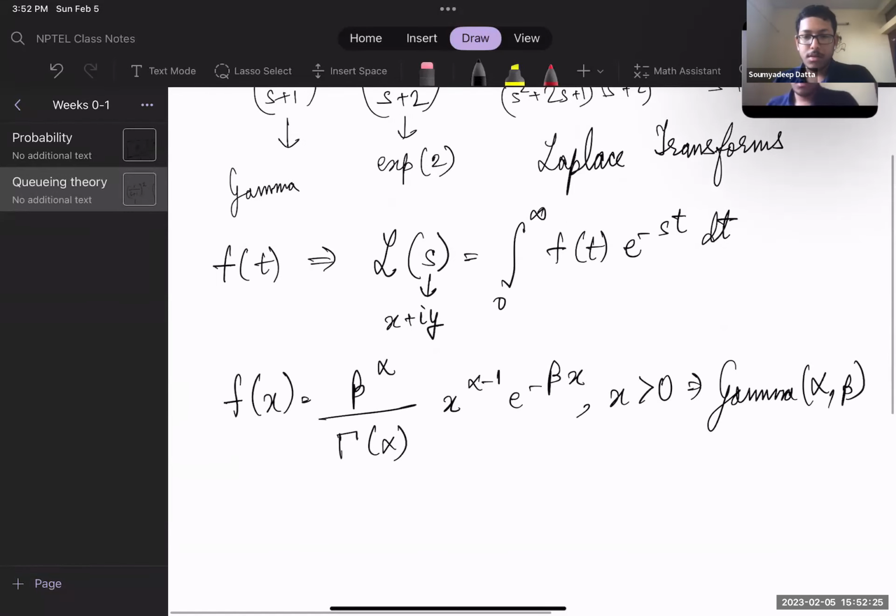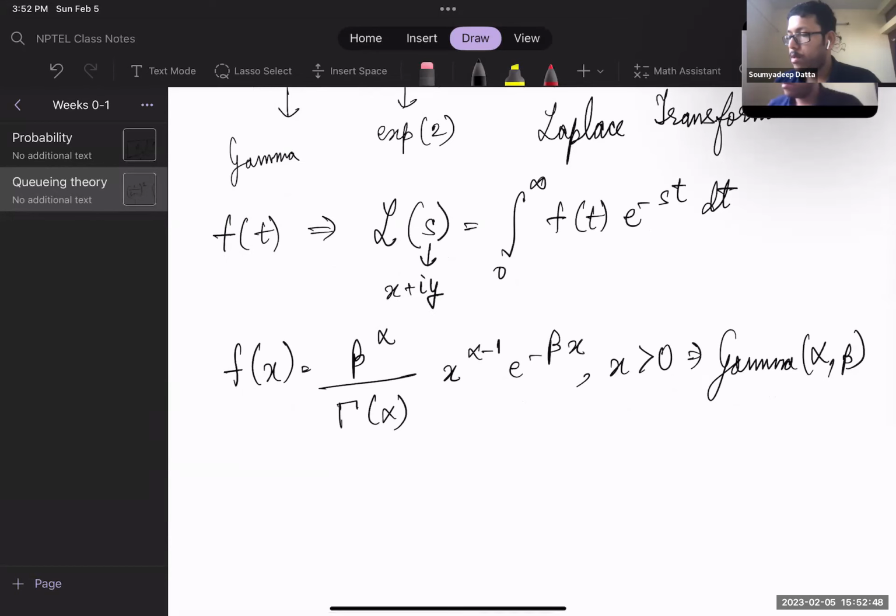The Laplace transform for the gamma distribution is, you can look it up, beta to the power alpha.